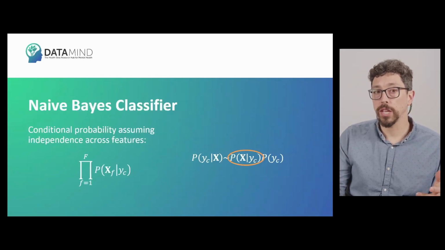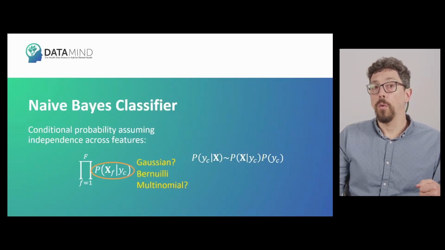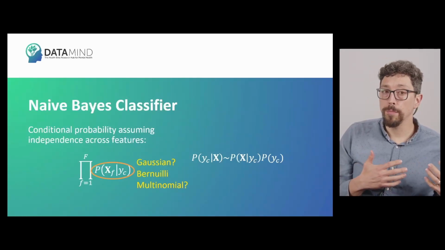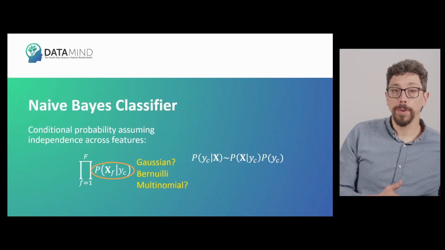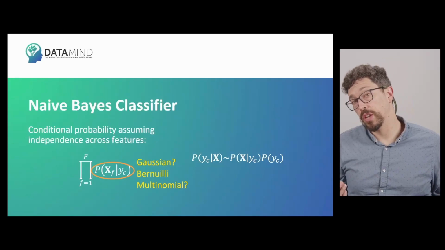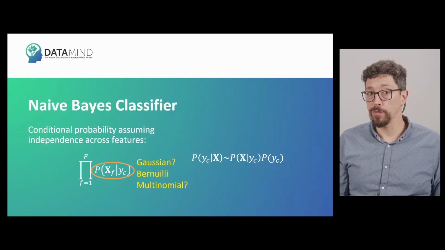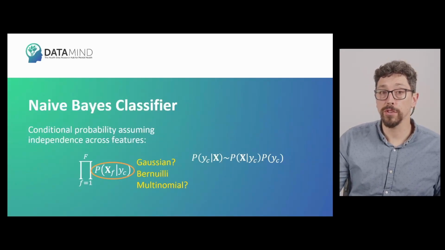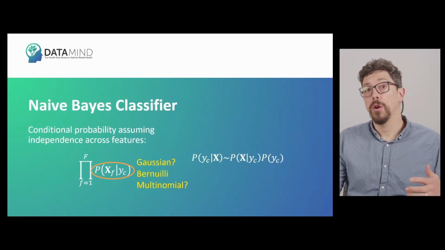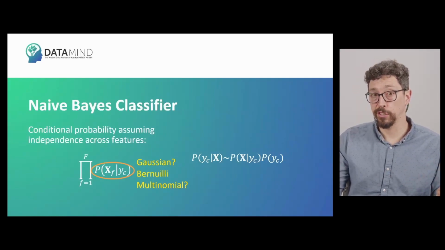Now the question is, how do we model this conditional probability? Can we use a Gaussian distribution? Can we use a Bernoulli distribution or a multinomial distribution? We don't know. But we need to make a decision on how we are going to model this distribution.